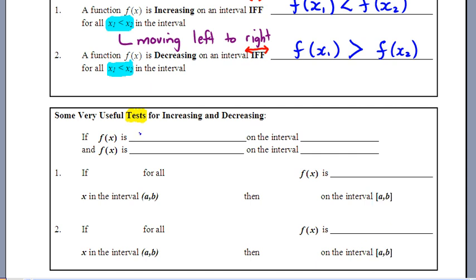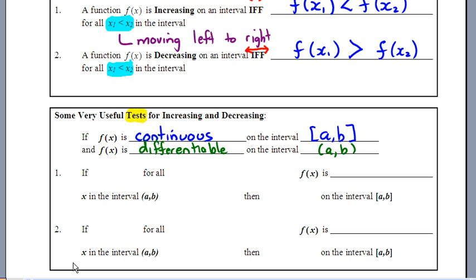As long as you're playing with a graph that is continuous, we want it to be connected, on the closed interval, hard edges, from A to B. And if it's smooth, if it's differentiable on the interval A to B, soft edges, that's good enough. I don't really care about the edges. Then here's how you can see whether a function is increasing.